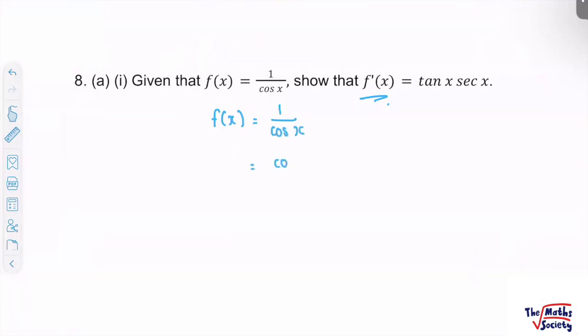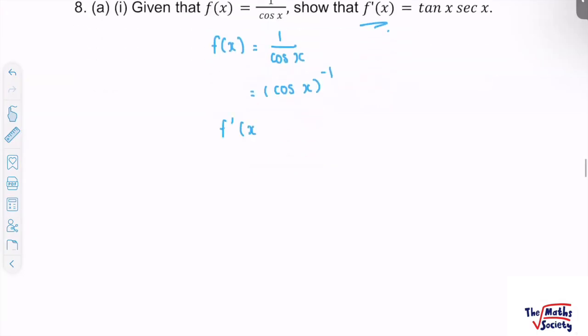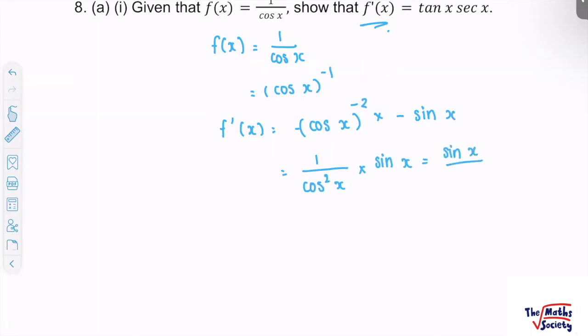So that's tangent x and sec x, and that has been shown.